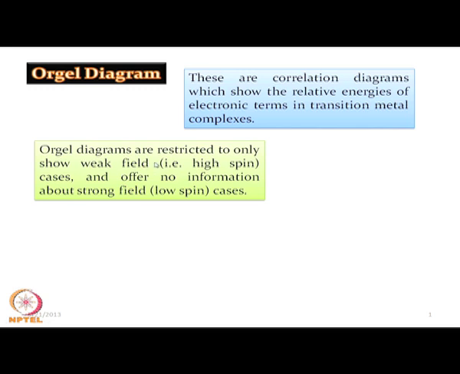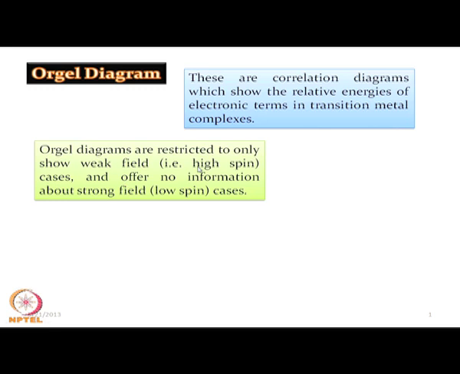And Orgel diagrams are restricted to only show weak field, that is mostly we will be talking about the corresponding high spin complexes, and offer no information about the strong field cases. So, it will be basically a very primitive correlation diagram involving the corresponding electronic states where we have only the corresponding weak field cases.